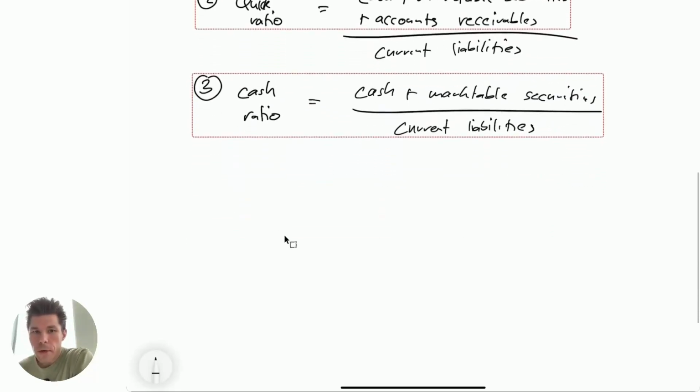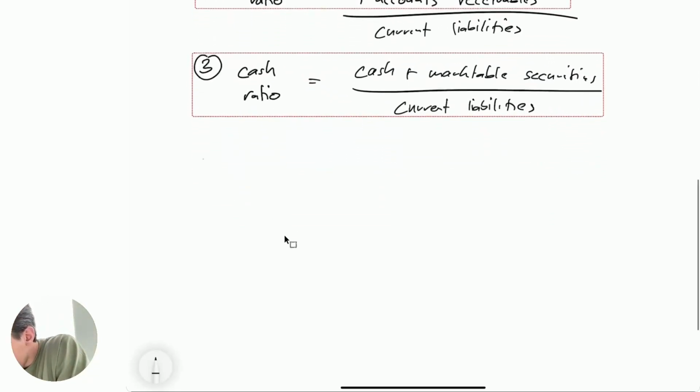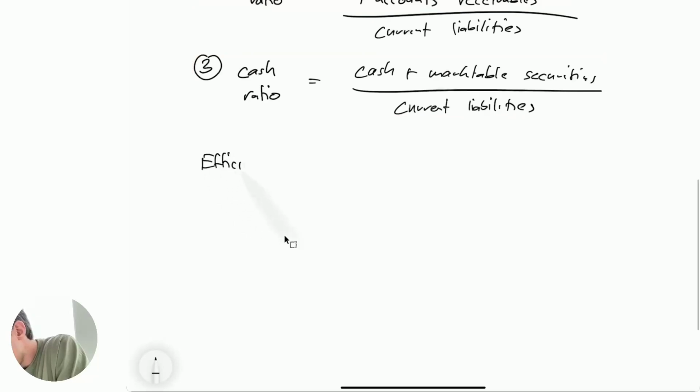Let's talk about efficiency ratios. Efficiency ratios, sometimes also activity ratios. It's how efficiently and intensively a company uses its assets.